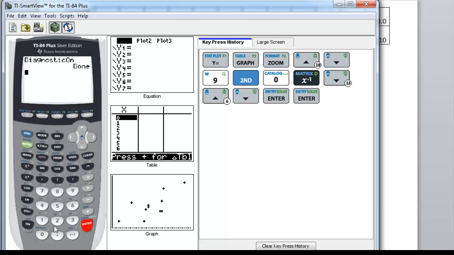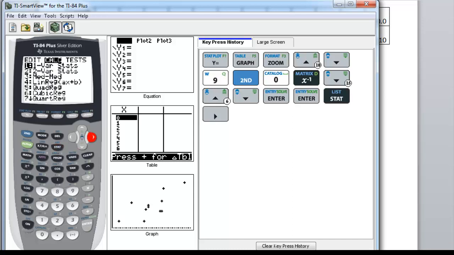Okay. Now, let's find the correlation coefficient. To find it, we're going to go to Stat. We're going to go over to Calc. And number 4 is linear regression. We're going to select number 4. Now, we have to tell it where our X values are, followed by a comma, followed by where the Y values are.